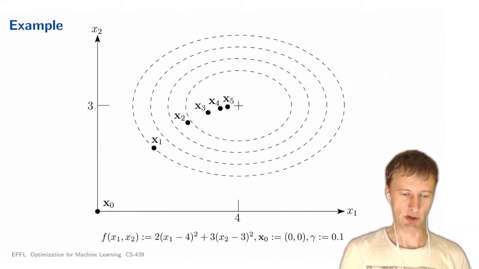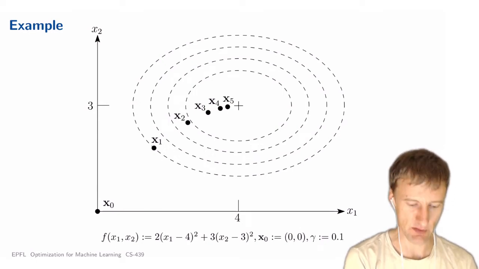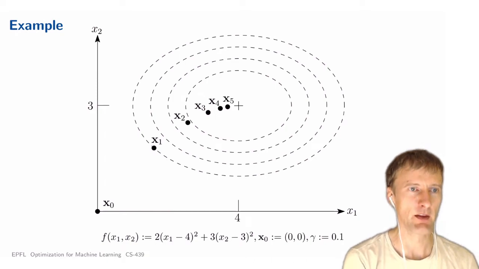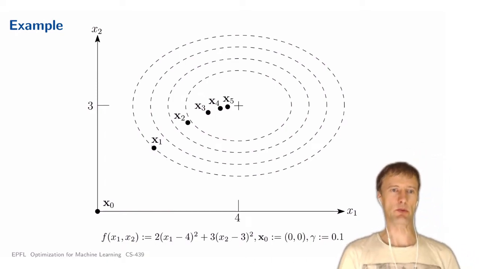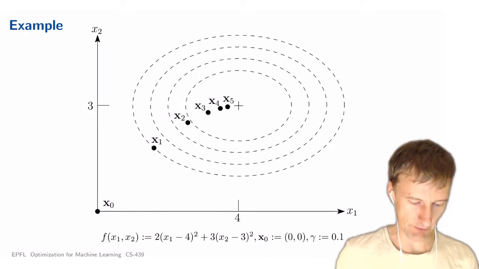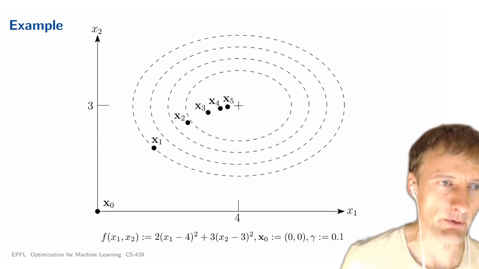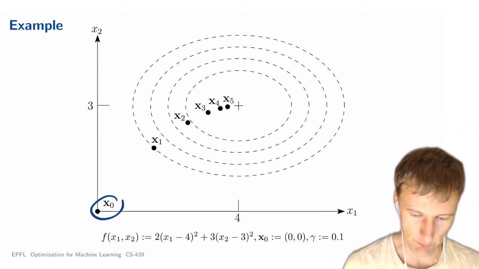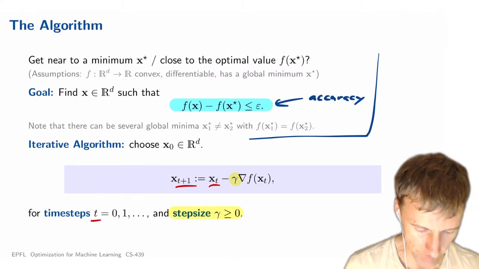Here's a very simple two-dimensional example of what gradient descent would do on a quadratic function. The function value is indicated on the bottom. It has only two variables in this example, a two-dimensional variable. We start here at 0 with our procedure. It's our first point, so this would be x at time 0.